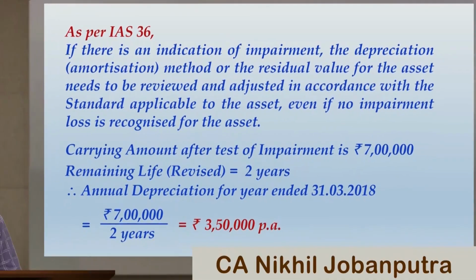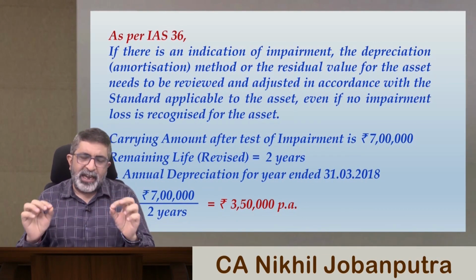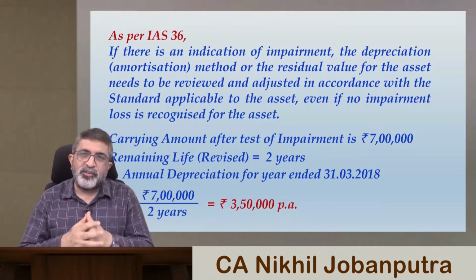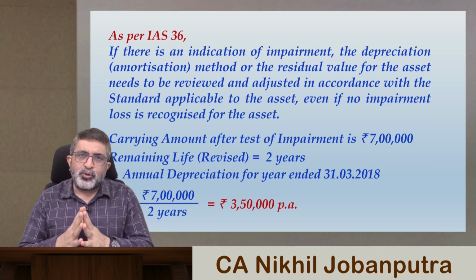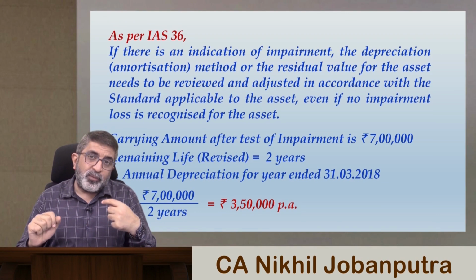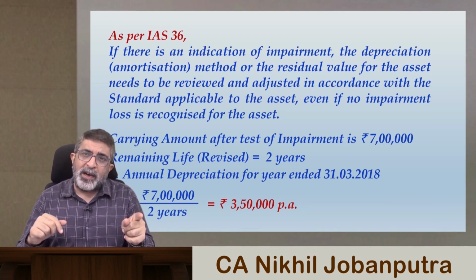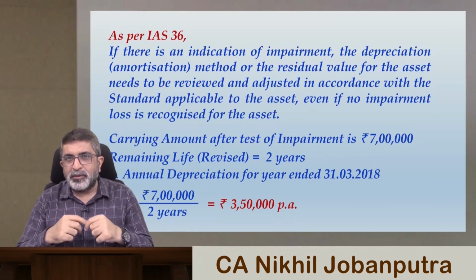Now what I want you all to do, I am going to give you another assignment. I will display a question on screen and you are supposed to try it out. That question will target the computation of impairment loss from the viewpoint of IFRS as well as US GAAP.